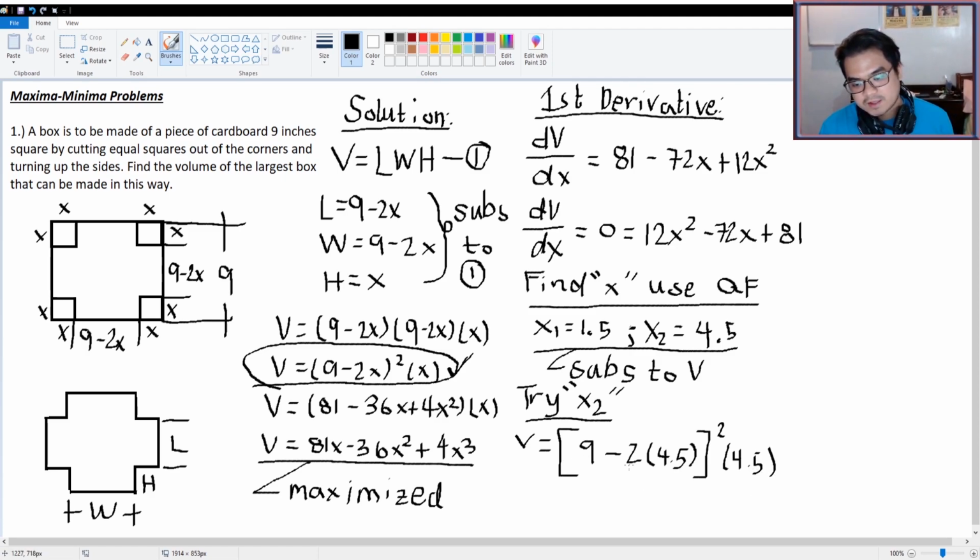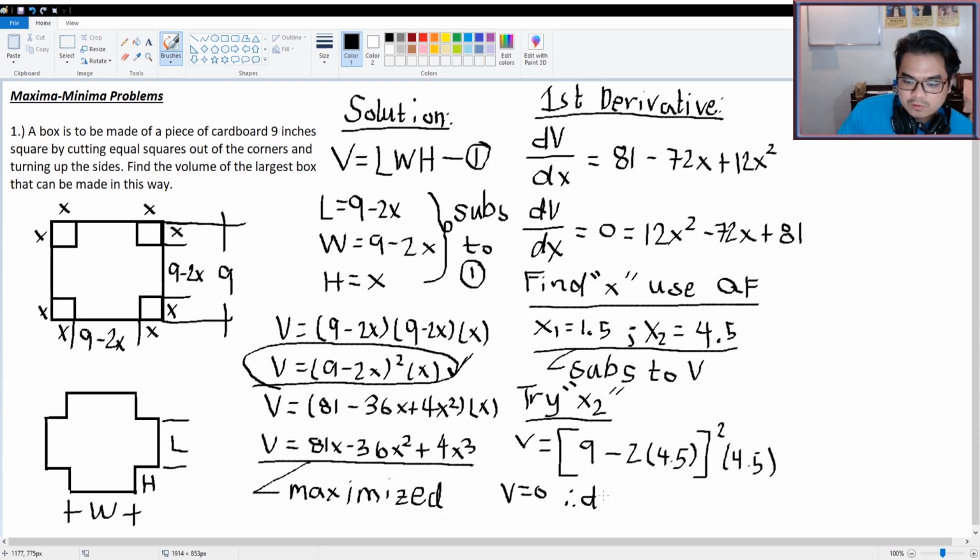As you can see, 9 minus 2 times 4.5 becomes 0. But it's impossible that the volume is 0, since we know we will be able to create a box. Therefore, we cannot use x2.